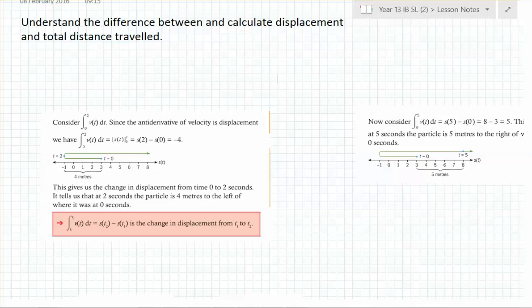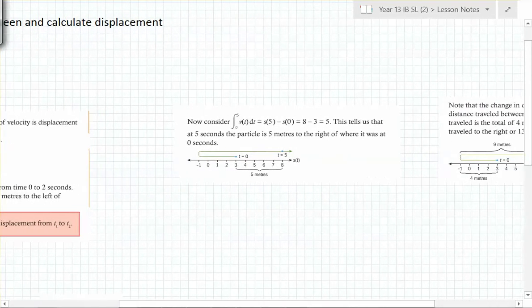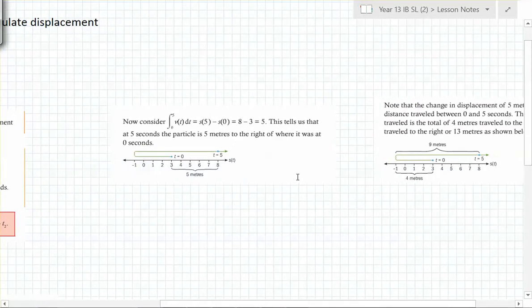So what they've done then is they've increased it, so from 0 to 5 this time, and for whatever reason this particle changes direction, maybe it bounced off something. And we do 0 to 5, and this is where the numbers start changing, because if you integrate and put 5 and 0 in, you get an answer of 5.